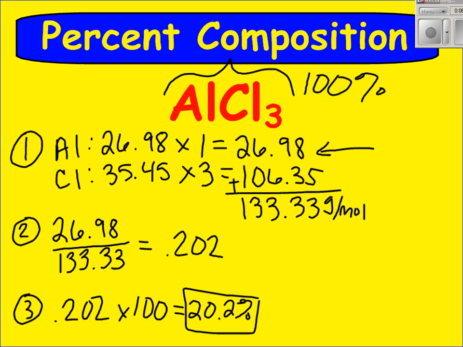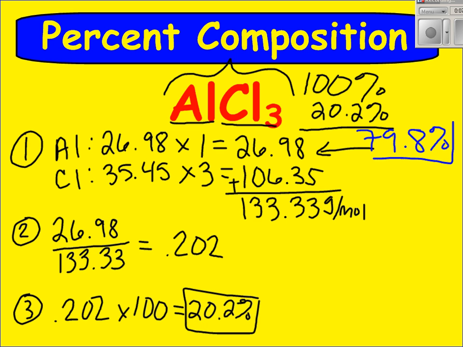If you know the aluminum part is 20.2%, we can simply subtract to get the percentage of the other part, in this case the chlorine. If we take 100 minus 20.2, the percentage for chlorine must be 79.8%. Both methods can be used in determining percent composition.